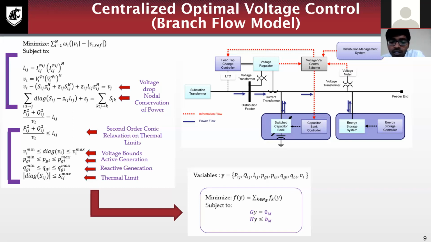And h(y) less than or equal to b, this shows the operational constraints like voltage bounds, active and reactive power bounds, then thermal limits and everything. So G represents the set of power flow equations, and h(y) less than or equal to b represents the operational constraint equations. So this is a very basic centralized optimization problem in distribution systems, written in a very simplistic way.